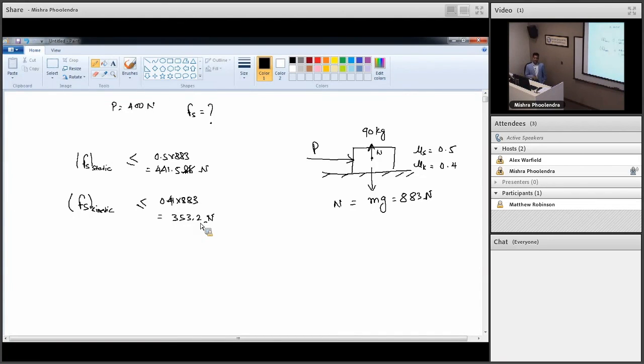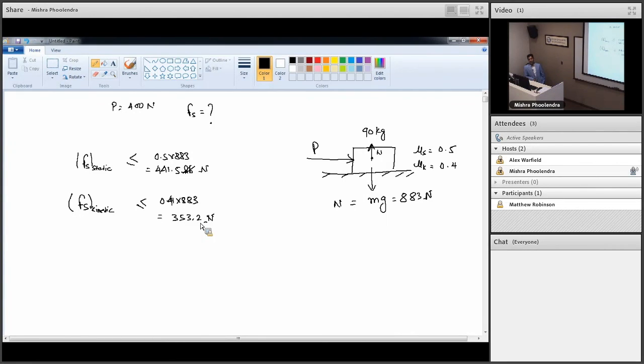Now, what is the answer? So if P equals 400, what is the friction force we have in this case? 400 Newton, right? And if the problem says if the P equals 500, then what is the friction force?